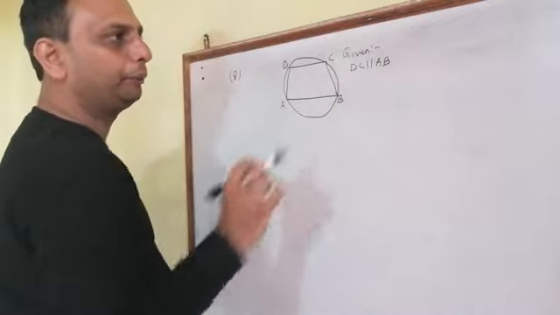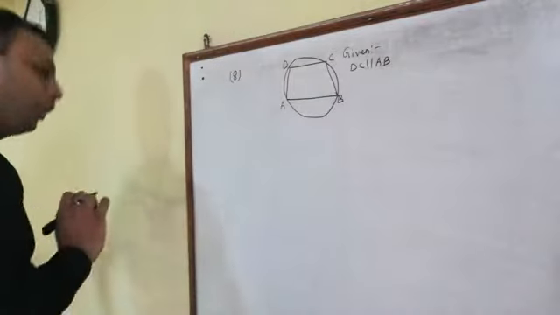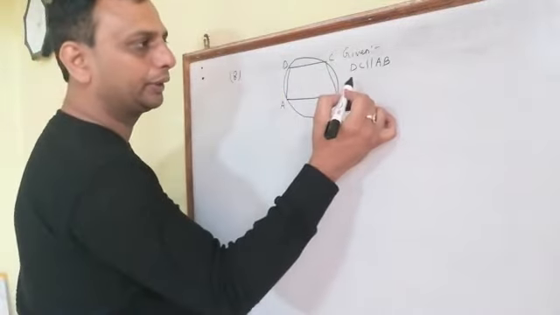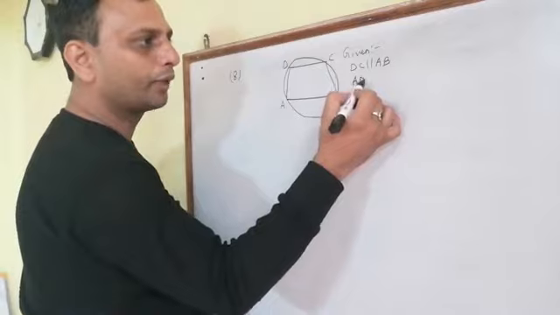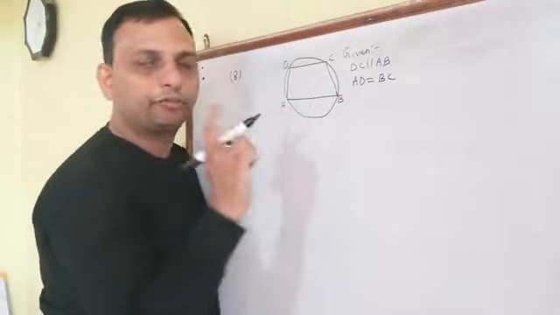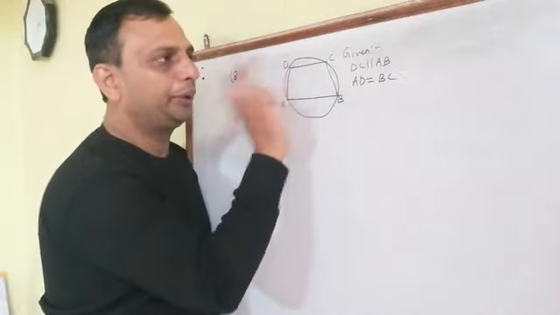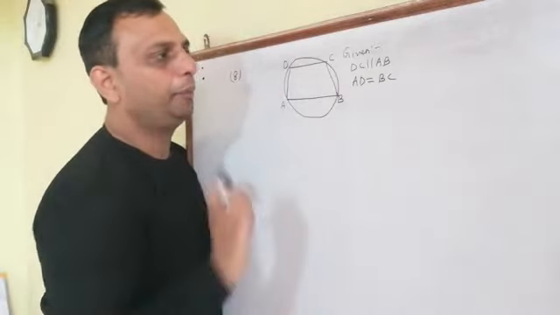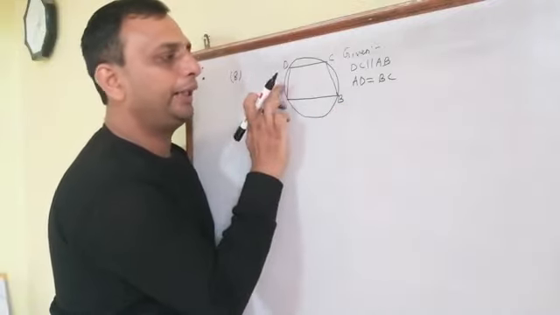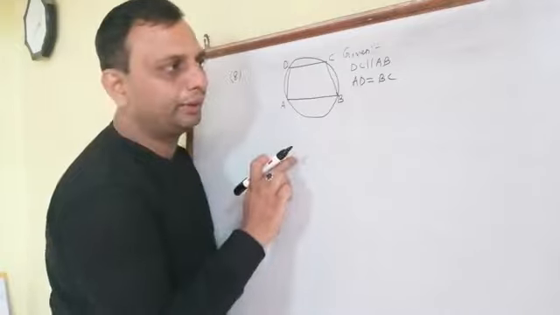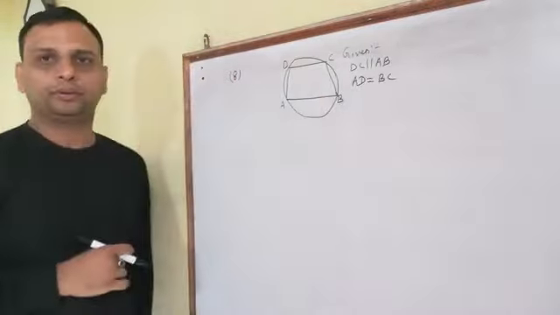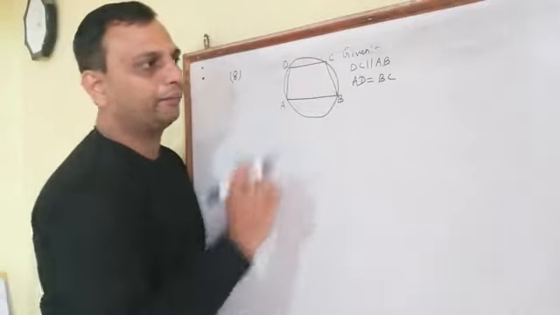AB and DC are parallel, and AD and BC are the non-parallel sides. In the question it is given that the non-parallel sides are equal, so AD is equal to BC.